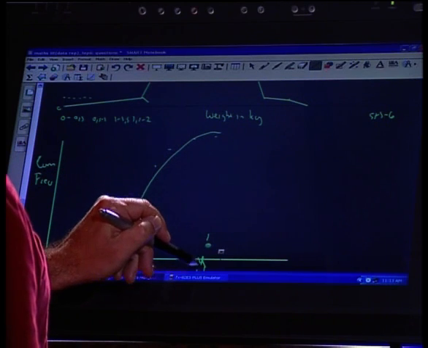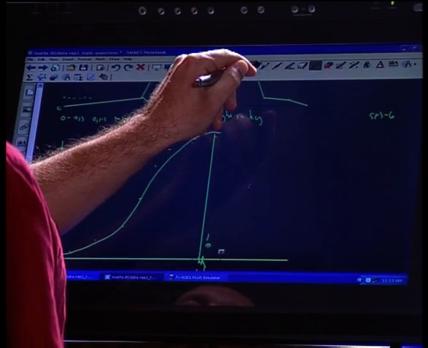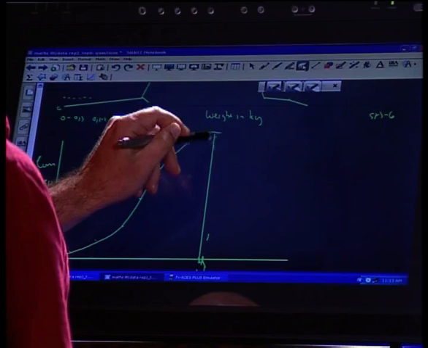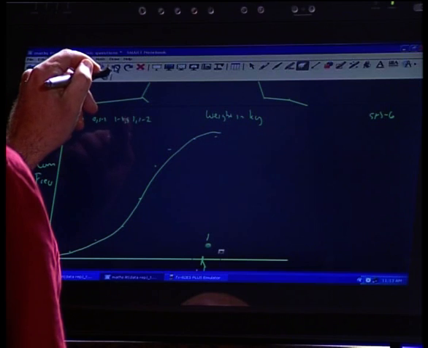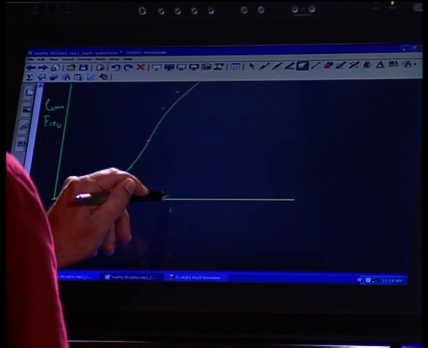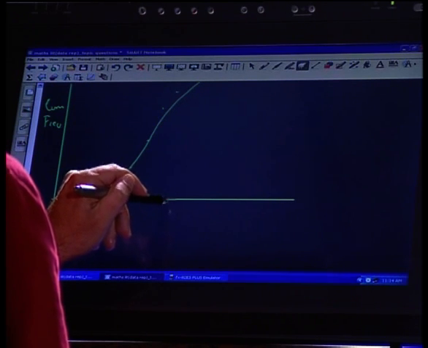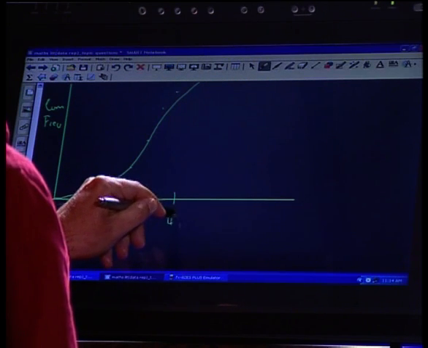A line up to our curve, 4 kilograms. I think I've actually chosen a value that's too high, so let's just get rid of that one for a sec. I'm just going to undo. So 4 kilograms would probably be around about here. Let's make a mark there. 4 kilograms.